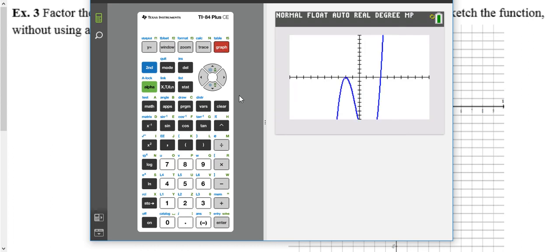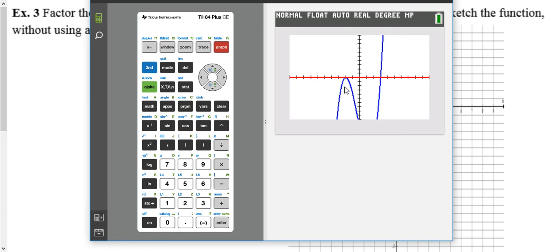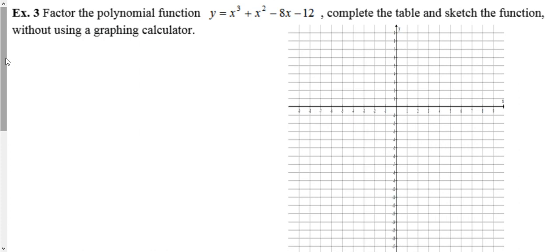If I graph this right away, I'm looking at a degree 3 polynomial, so I have potentially 3 x-intercepts right now. I only see 2. I'm going to add in a 0 there, by the way. I see definitely 2 x-intercepts. I see one right here and then another one right here. One right here is going to be at x equals negative 2. Here it's going to be at x equals positive 3. So I'm going to write down my x-intercepts right away.